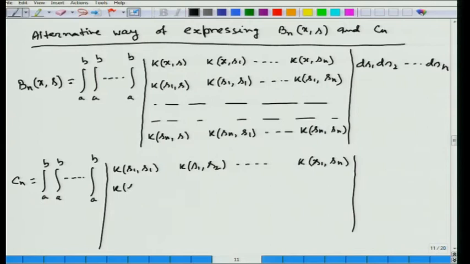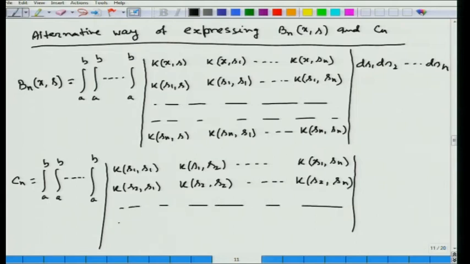Second row: K(s_2,s_1), K(s_2,s_2), up to K(s_2,s_n). Proceeding in this way, the last row will be K(s_n,s_1), K(s_n,s_2), last term K(s_n,s_n), then ds_1 ds_2 up to ds_n.